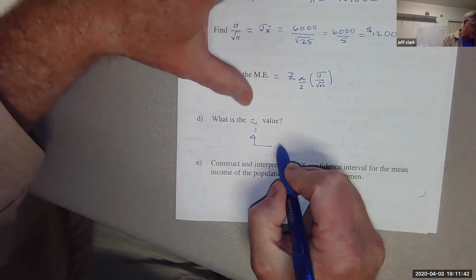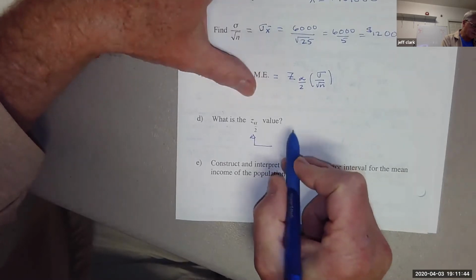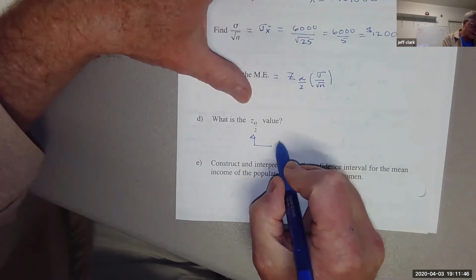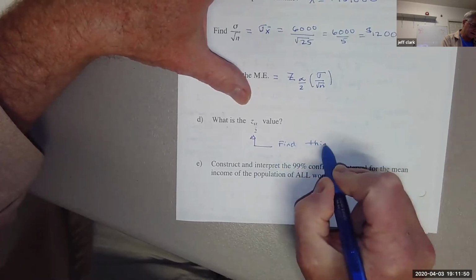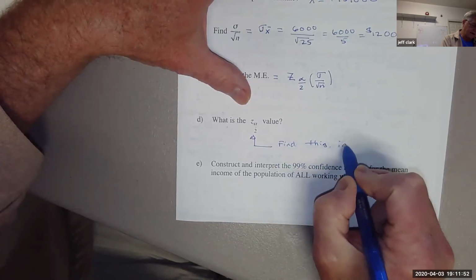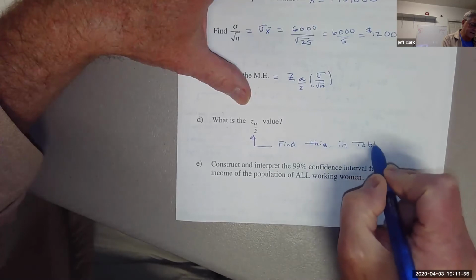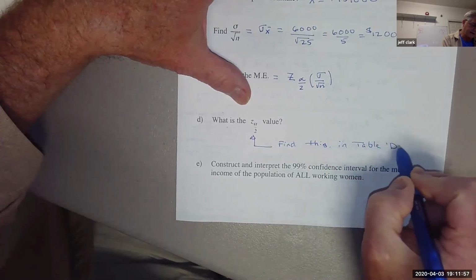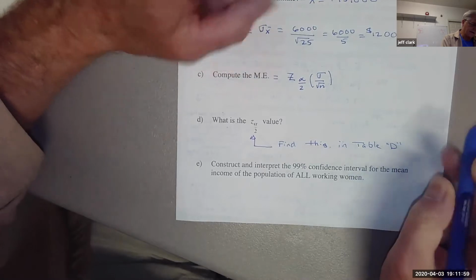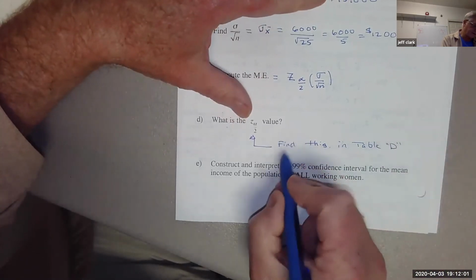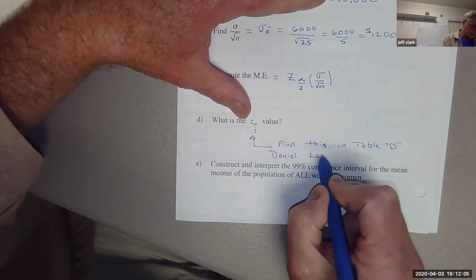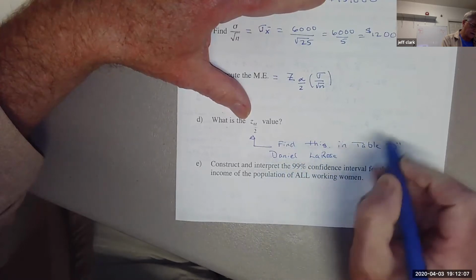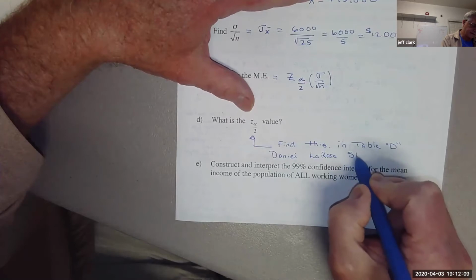So let's have you in your textbook or in your packet find this in what we call table D. And this is in Daniel LaRose's statistics text.